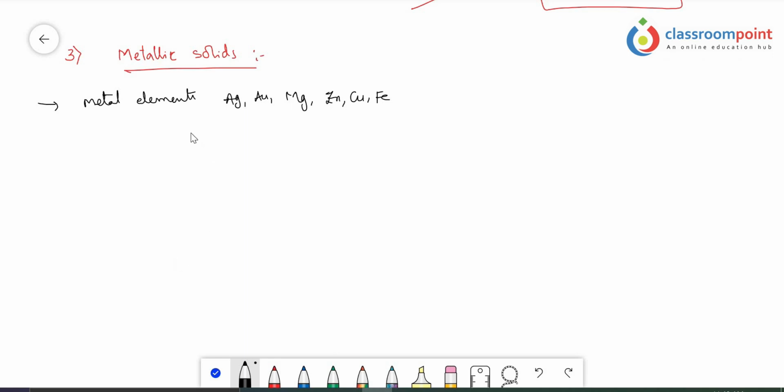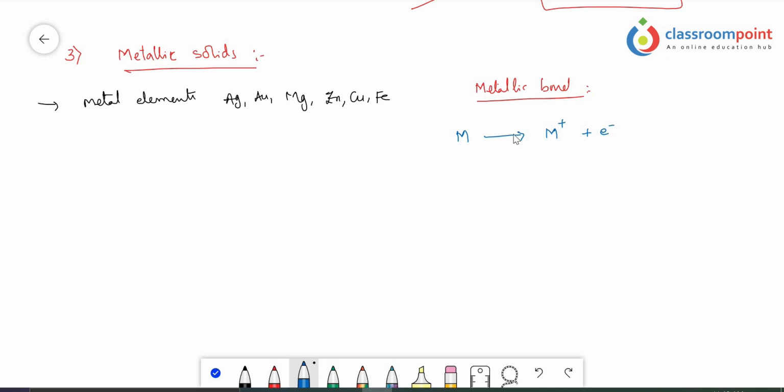And what other characteristics do we have to understand from the metallic solids? Before that, we should understand what a metallic bond is. So here I am going to discuss the metallic bond. Please try to pay attention. We know that metals are highly electropositive in nature. They are always ready to lose some electrons.